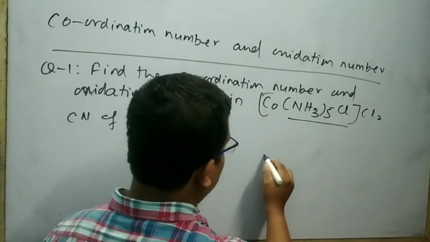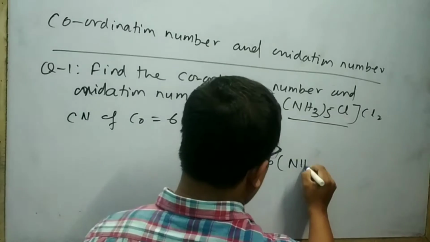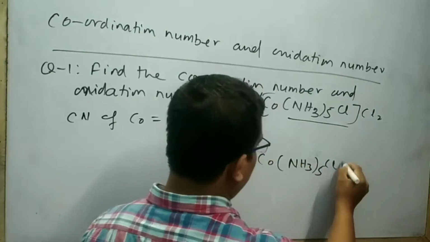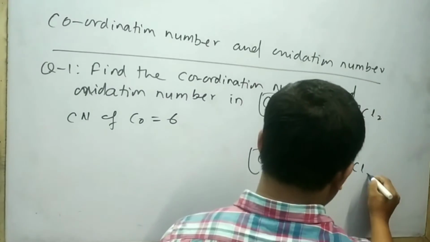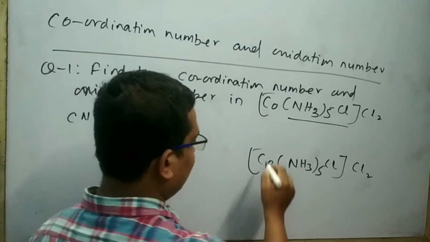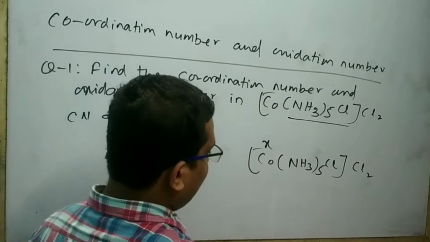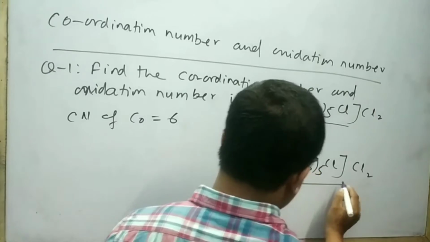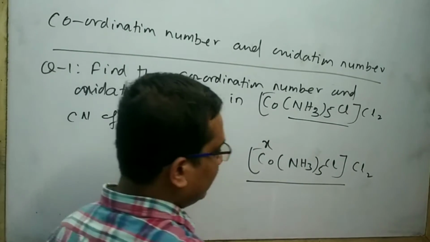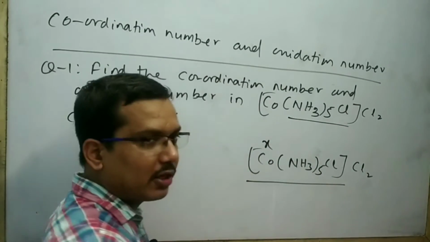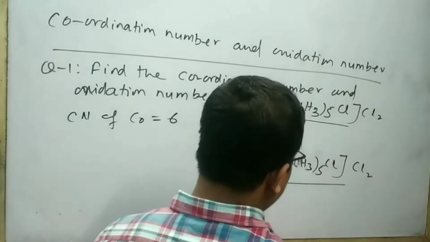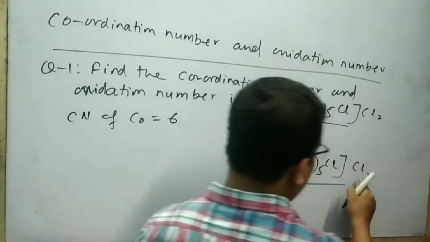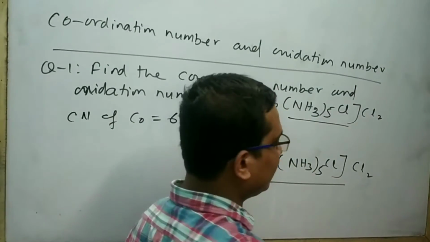Now I will find the oxidation number of cobalt in this compound. Suppose the oxidation number of cobalt is X. Remember an important point: the oxidation number due to the coordination entity plus the oxidation number due to the counter ion is equal to 0. Here the counter ion is chlorine.